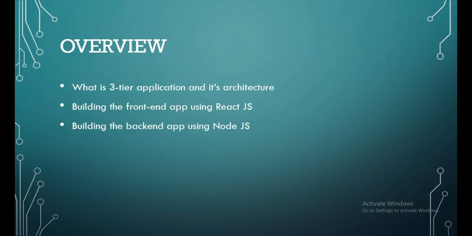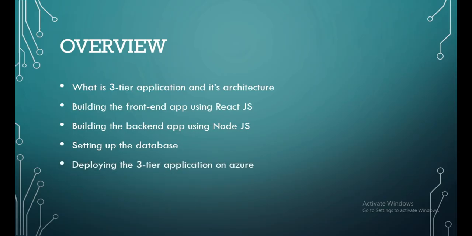Then we'll move to create and build a backend application using Node.js. After that, we'll set up a database in Microsoft Azure SQL. And finally, we'll bring everything together and deploy a complete 3-tier application on Azure. So let's dive in and get started.